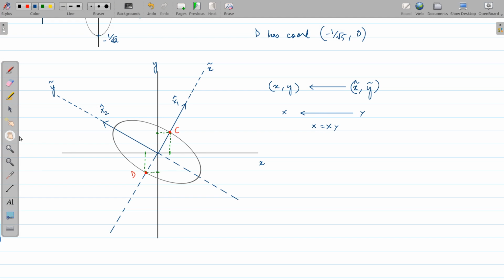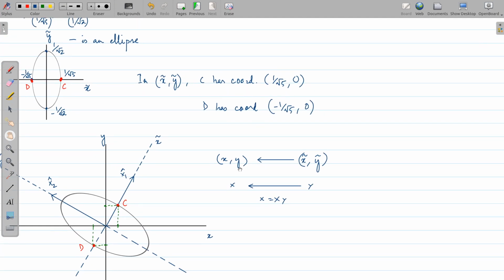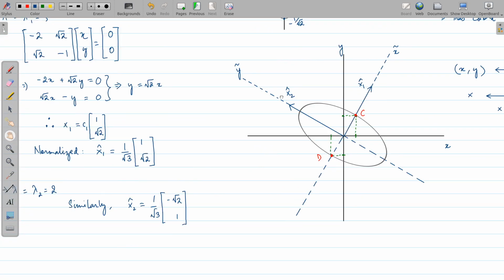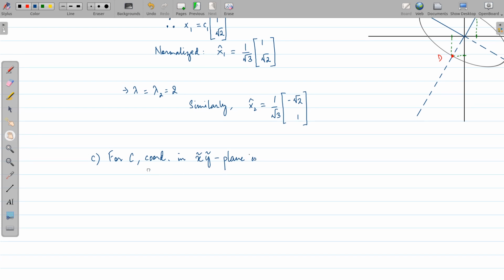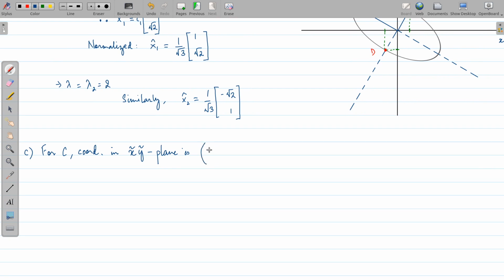We already know the coordinates in the x tilde y tilde frame. All we need to do is this transformation. Okay, so let's do problem number C, for point C. The coordinates in the x tilde y tilde plane, we already know, are simply 1 by root 5 comma 0.